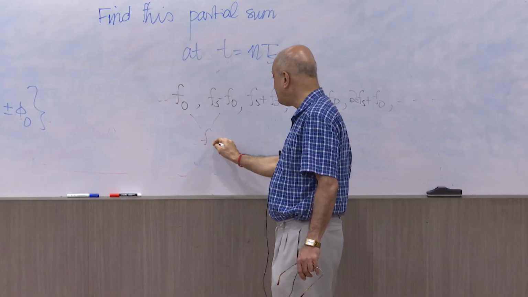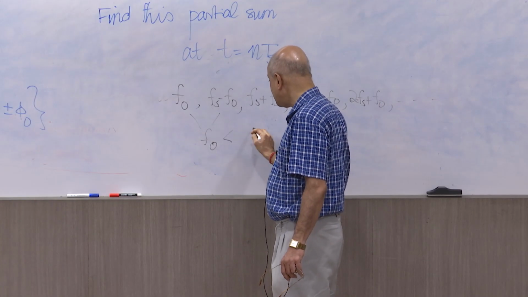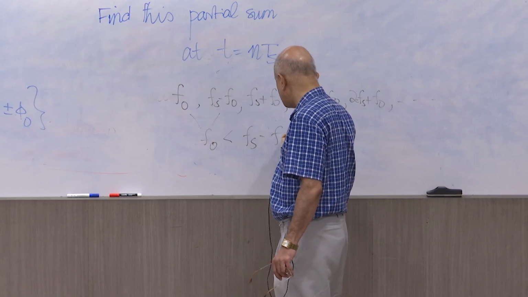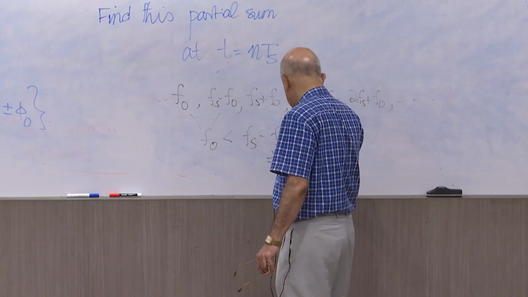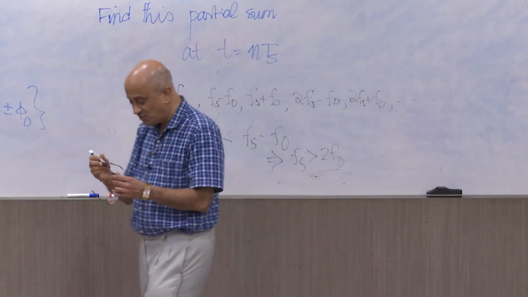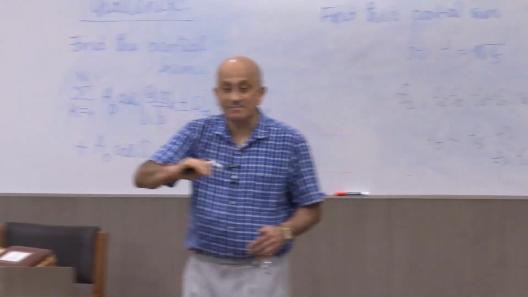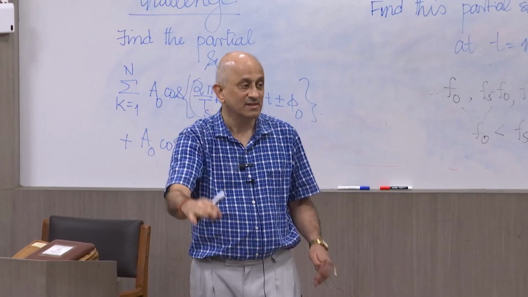And therefore, if f naught is less than fs minus f naught, which means that fs is greater than twice f naught, then there will be no confusion. The lowest frequency is indeed the frequency with which you started.